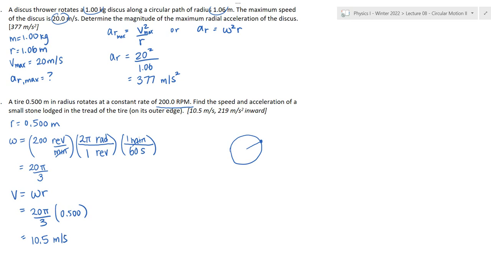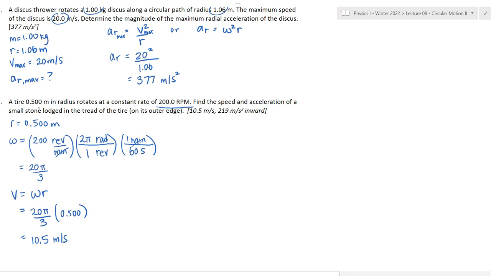Okay, so what type of acceleration is this? When it asks for acceleration, you always have to ask yourself, is this tangential, does it have radial, or do we have to put both of them together? Okay, so let's think about it. Tangential acceleration. We said the object will have tangential acceleration if the speed is changing. So if it's either speeding up or slowing down. Is this object, the stone that's lodged on the tread of the tire, is its speed changing?